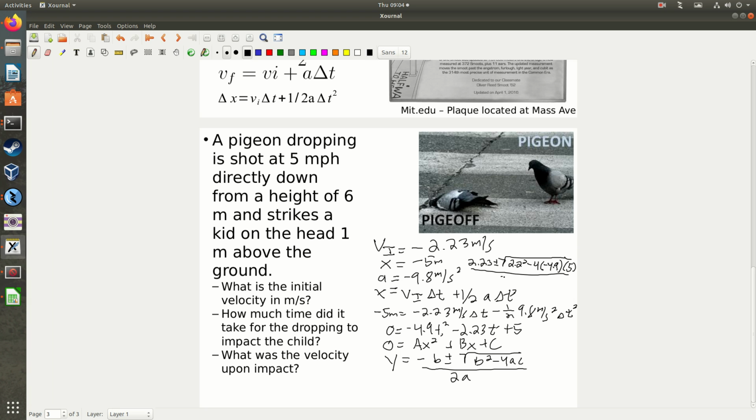So that'll be 2 times negative 4.9. There we are. Okay. Now that we have that, I'm going to erase.